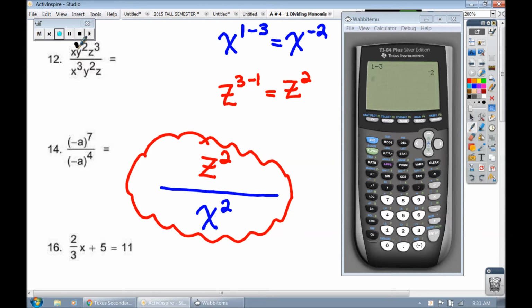Since I have 1 x on top and 3 on the bottom, if I were to write that out in expanded form, 1 x on top, and I wrote 3 of them on bottom, and I crossed out any matching pairs, guess how many I'm left with on the bottom? 2, right here. So if you don't like the exponential rule up here, and you want to write it out in expanded form, you can do that as well.